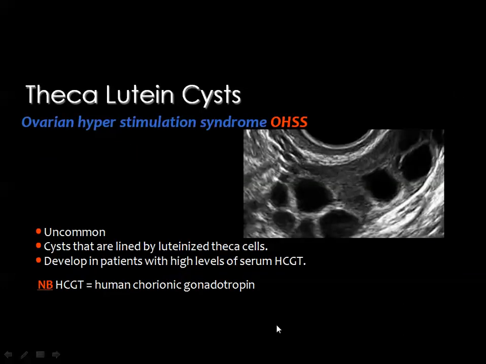Then we came to the ovarian hyperstimulation syndrome or the theca lutein cysts. This disease is uncommon and is usually developed in relation to elevated human chorionic gonadotrophin in blood.